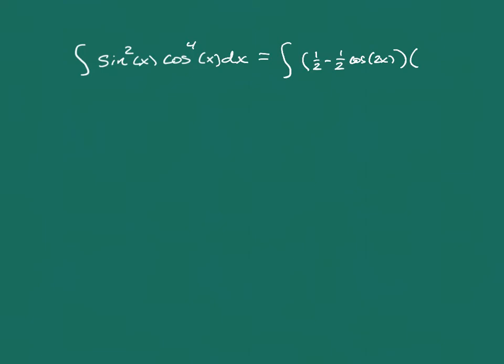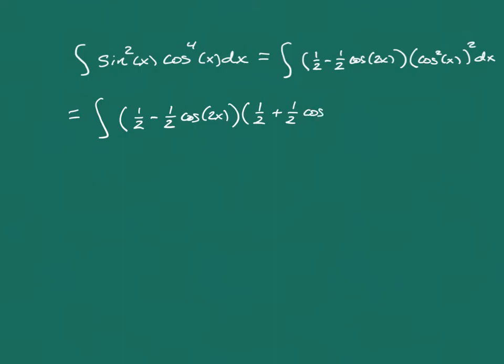And the cosine to the fourth we can write as cosine squared squared dx. So doing a power reduction formula for that one, we've got 1/2 minus 1/2 cosine of 2x, and 1/2 plus 1/2 cosine of 2x, squared, dx.